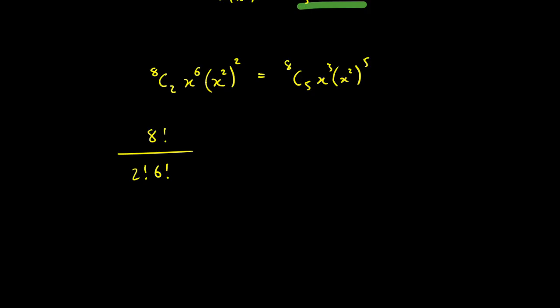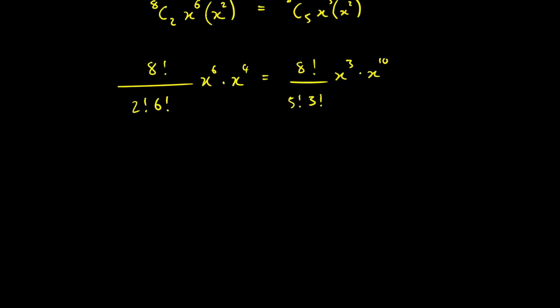That's the formula or the expression that's given to you in the front of the exam for 8c2. This is x to the power 6, and x squared, all squared, is x to the power 4. 8c5 is 8 factorial over 5 factorial 3 factorial, and we've got x to the power 3 there, and x squared to the power 5 is x to the power 10.